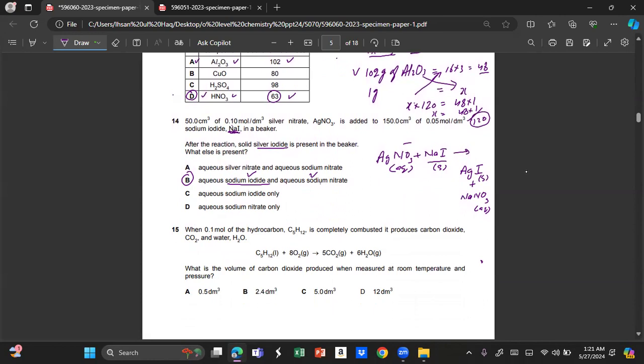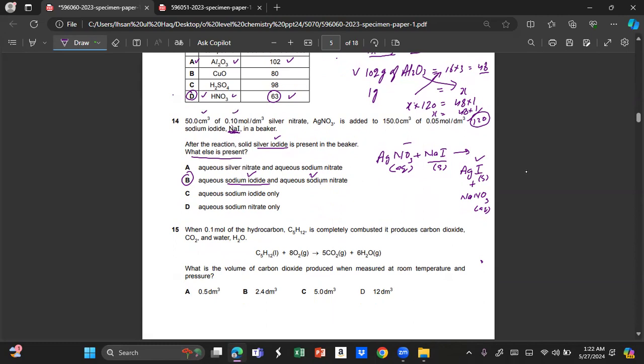We need to focus on what else is present. Silver iodide is present, yes, this is given to us. What other substances are present? Let's see. For this, we need to make the chemical equation. See, this is already given. It is present. What else is present? For this, we have to see this information given.